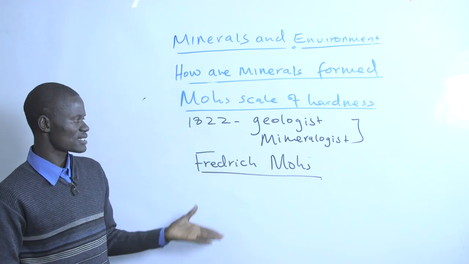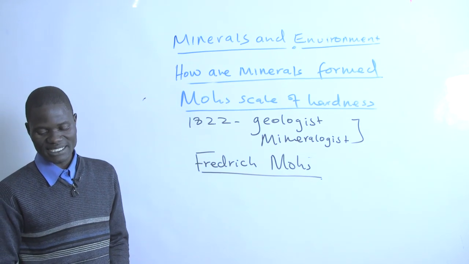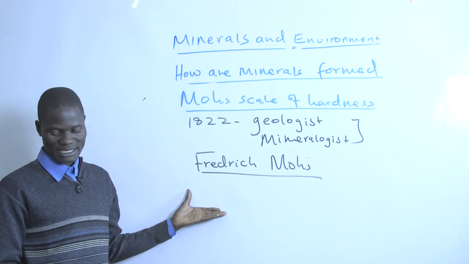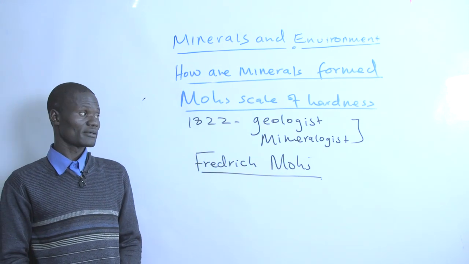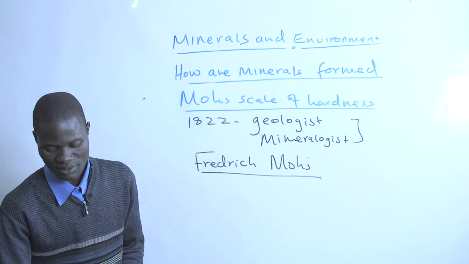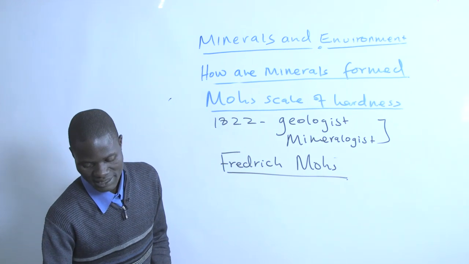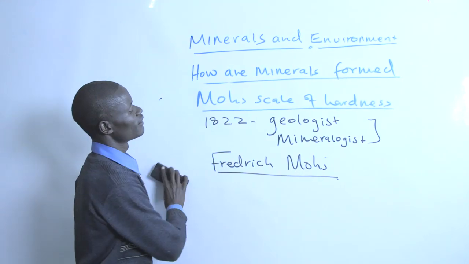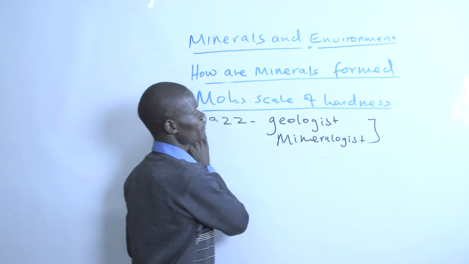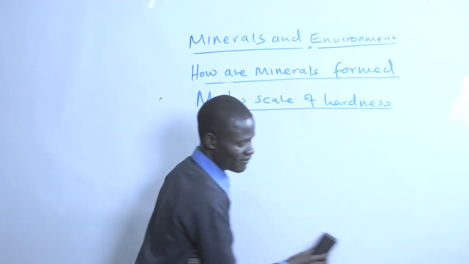When we look at this scale, it is used to measure the hardness and the surface durability of the minerals and even some stones. Shortly, as we explore this scale, we'll be able to place some minerals in different levels.